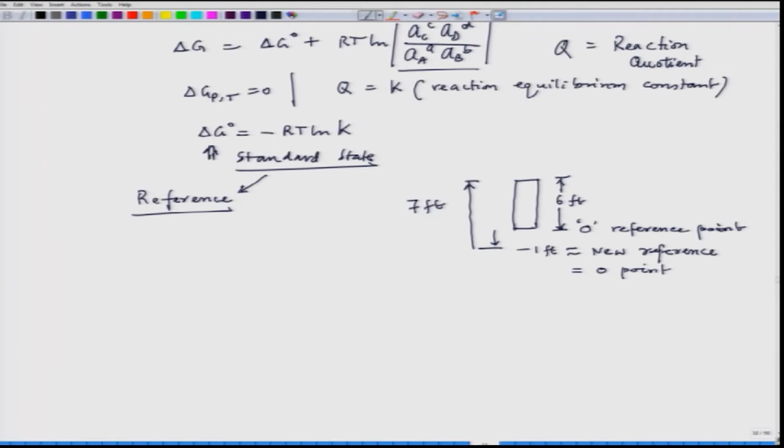But even if we take this new reference to be the 0 point, we can still get the actual height of this pillar, because to find the actual length I will just do 7 minus 1, so 6 feet. So, this is my actual length.